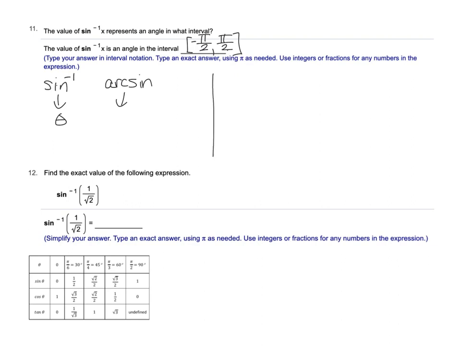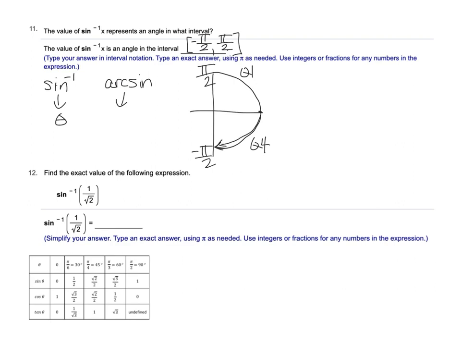If you remember on the video when we talked about and described how things worked, if it's restricted between negative pi over 2 and pi over 2, that's quadrant 1 and quadrant 4. But instead of writing the normal quadrant 4 like we're used to, we started at 0 and went in the negative direction.